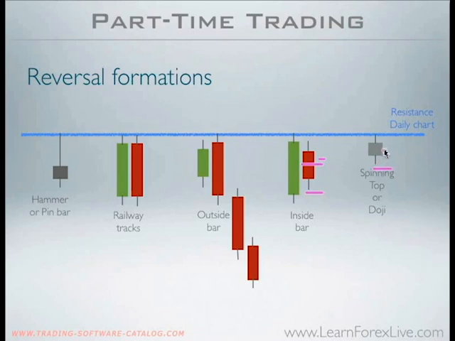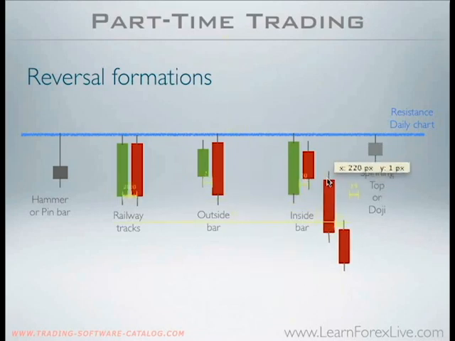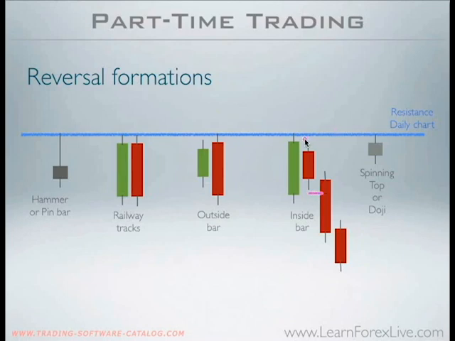So I am afraid you'll have to place it above the high of either the inside bar or the spinning top. Again, 5 pips is usually enough. Your entry, as usual, 5 pips below that level. So let me carry all this over here. If that's your entry, that would be your stop loss.